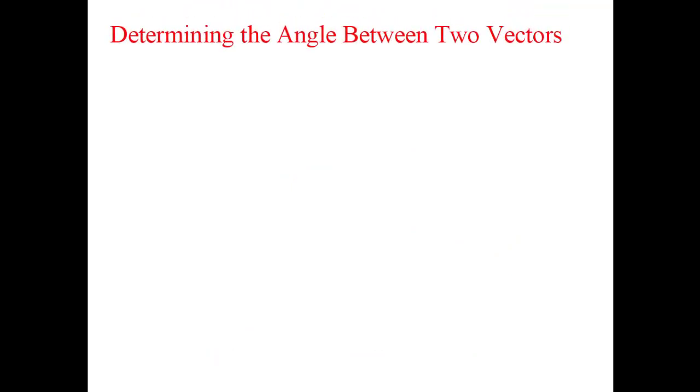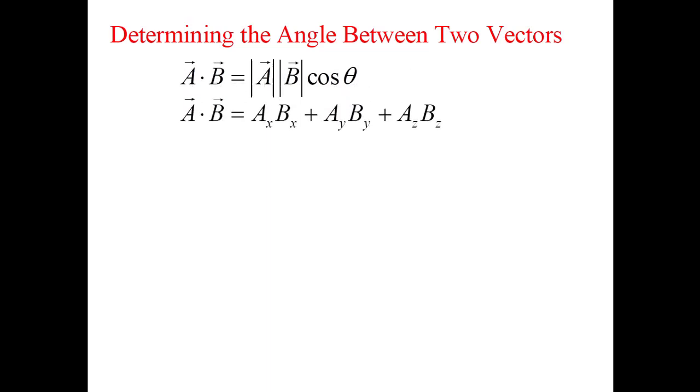In order to determine the angle between the two given vectors, it now becomes very straightforward. A dot B is defined to be the product of the magnitudes of the two vectors times the cosine of the angle between them. And we have already found another important formula for A dot B, namely AXBX plus AYBY plus AZBZ.